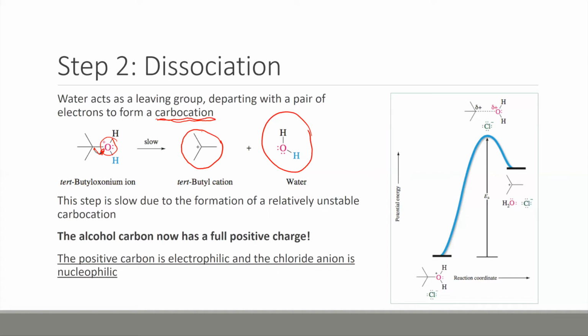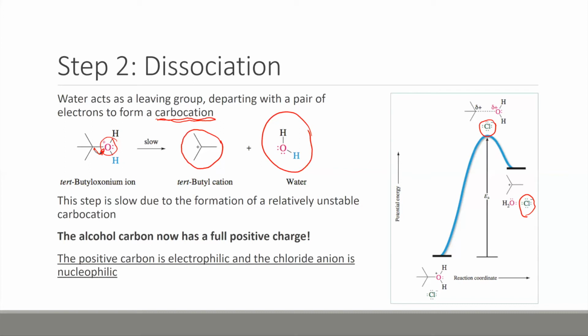So now that the alcohol carbon, the carbon that used to have the alcohol on it, has a full charge, what we're going to see is that it can act as an electrophile. And remember what we have around, it's not shown here, but in our last step, it's still there. There's still this chlorine ion with a full-blown negative charge. So we have a carbocation with a positive charge and this chlorine ion around with a full negative charge.